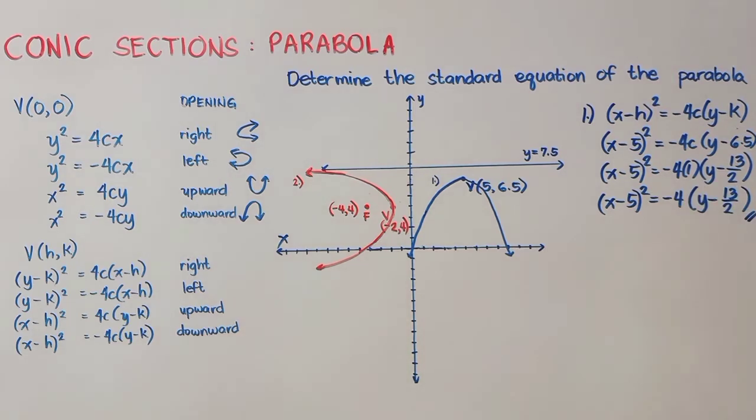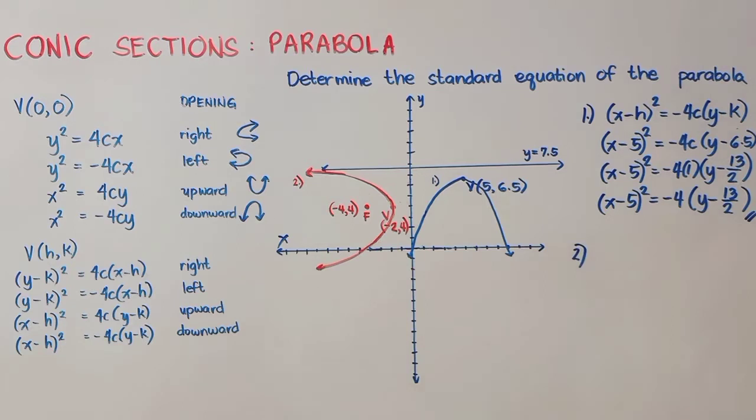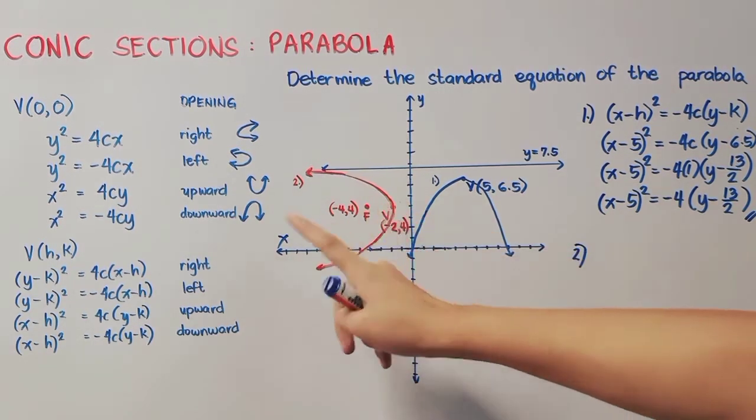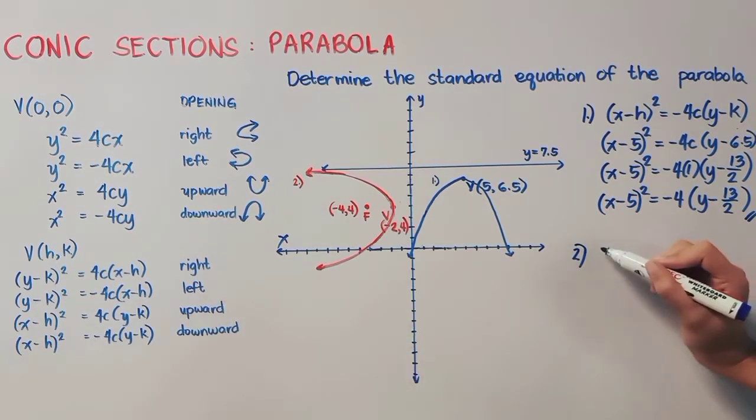Let us now proceed to the red parabola. As you can see, our vertex here is not in the origin. It is in HK and the parabola opens to the left. Therefore, we will be using this form here.